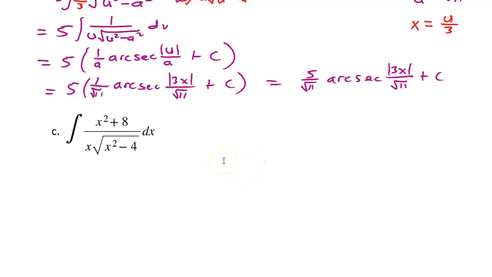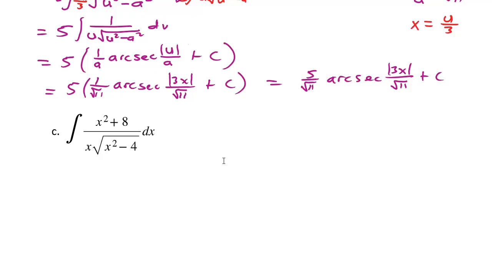All right, so look at this next one. Now this one is a little bit different. It's got x squared plus 8 in the numerator, so we have to deal with that. Okay. Now, in the previous section, we had some problems where I said if you had the power of x in the numerator greater than the power of x in the denominator, you want to divide it out.